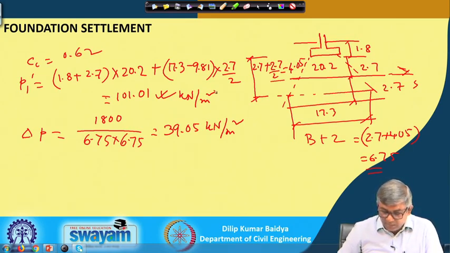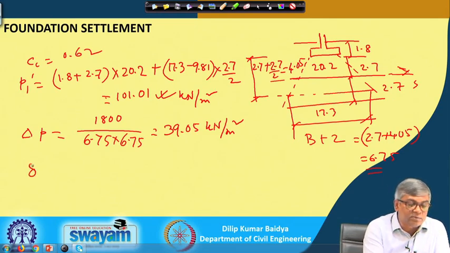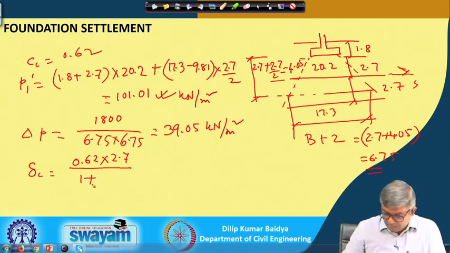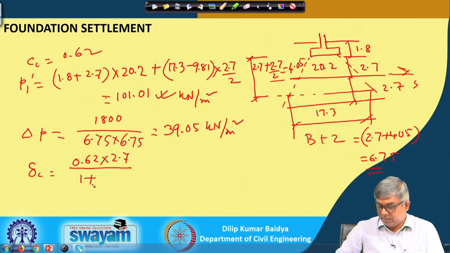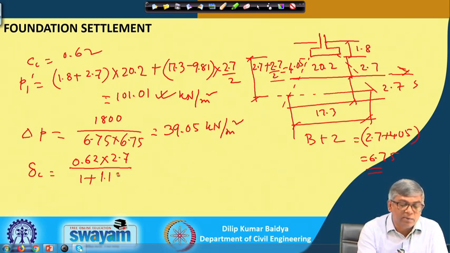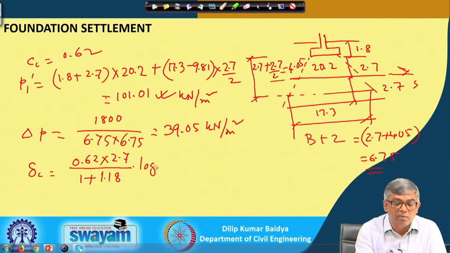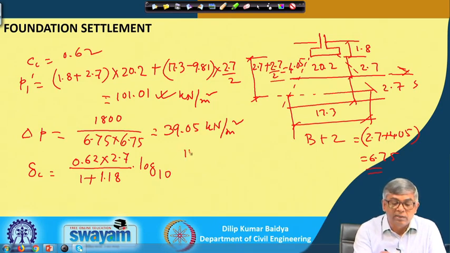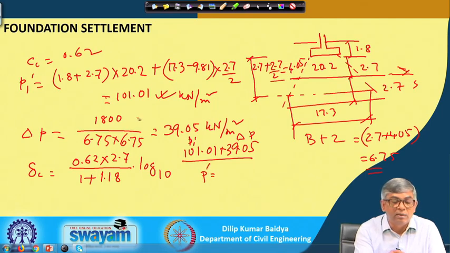Now, if this is the one, then you will have consolidation settlement equal to Cc, that will be 0.62 multiplied by H, actually 2.7, divided by 1 plus e, actually your e value is given 1.18, multiplied by log 10 base, 101.01 plus 39.05, this is P1 dash and this is delta P, divided by P1 dash, that will be 101.01.